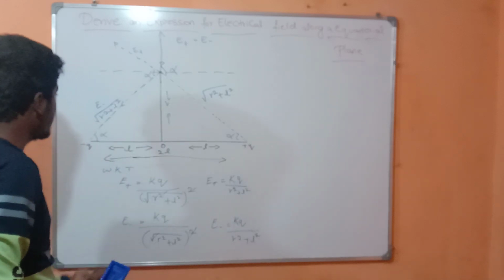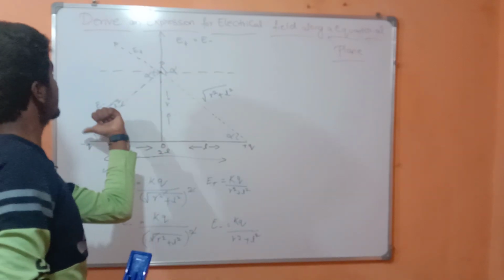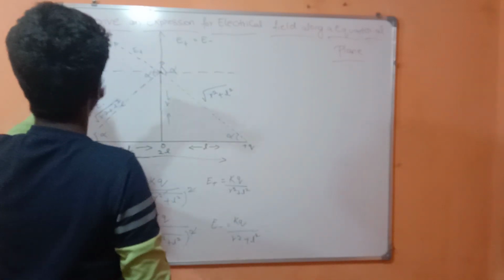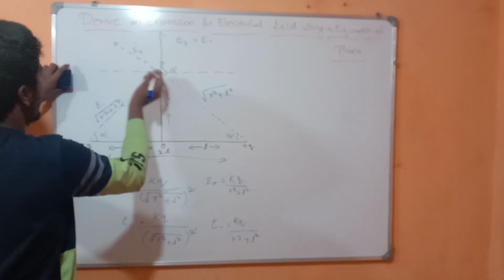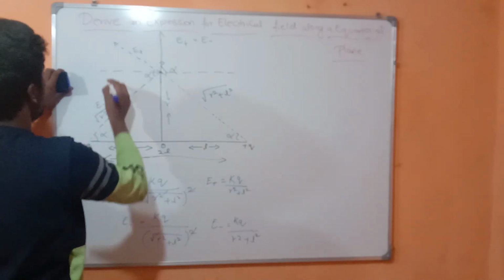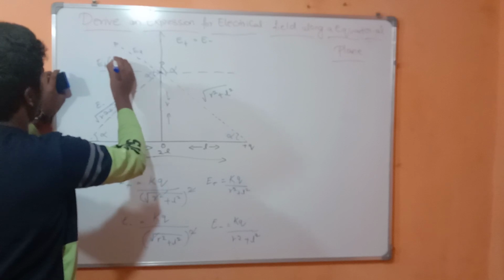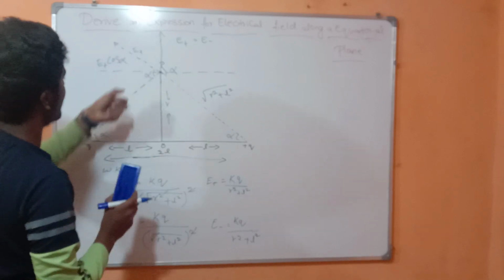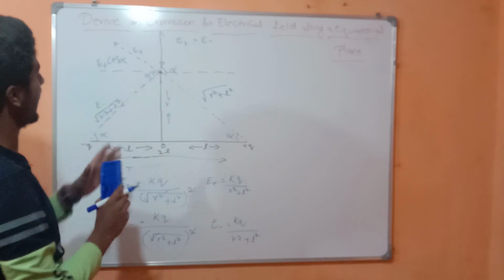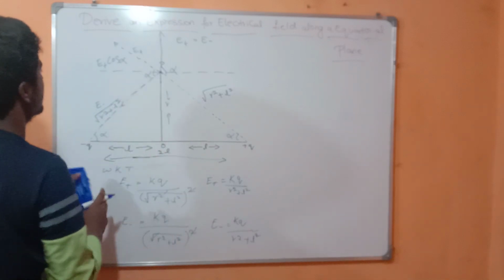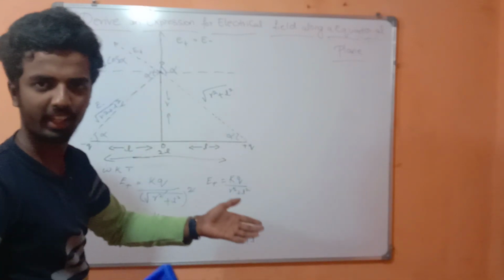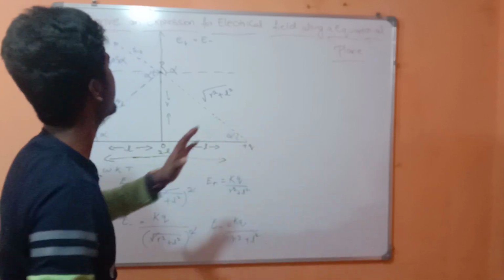Due to the negative charge, it will repel in this direction, children. Now, in the same plane, this becomes E plus cos alpha. Why alpha? Because here we have given the alpha sign. It could be alpha, theta or beta, anything.